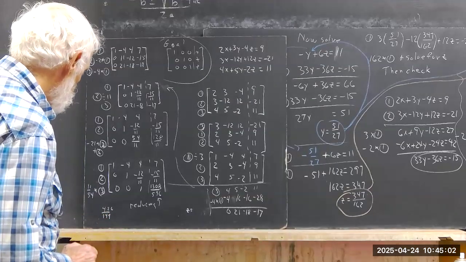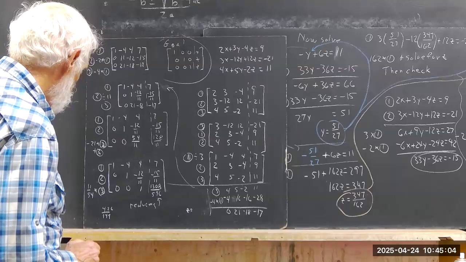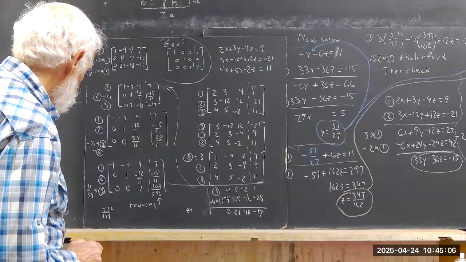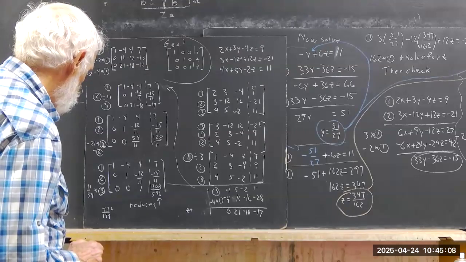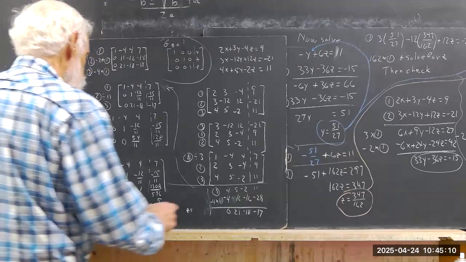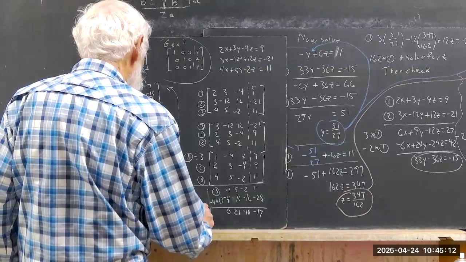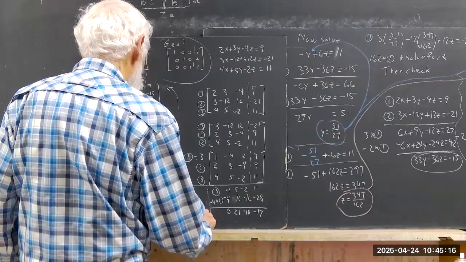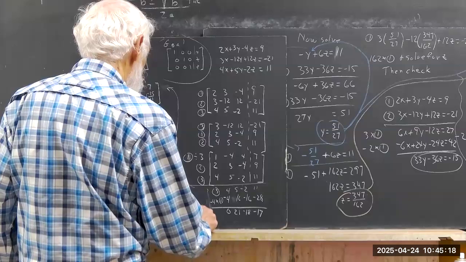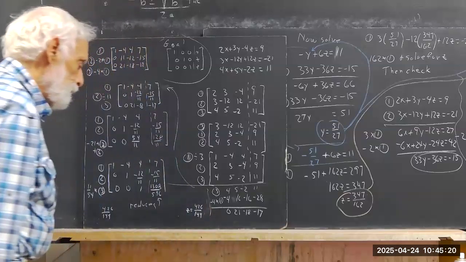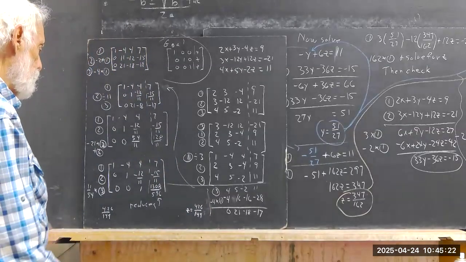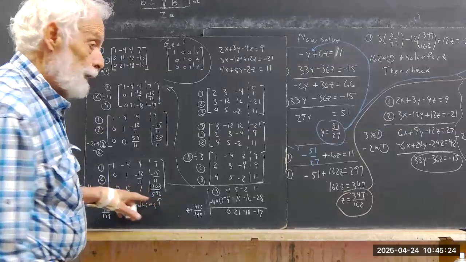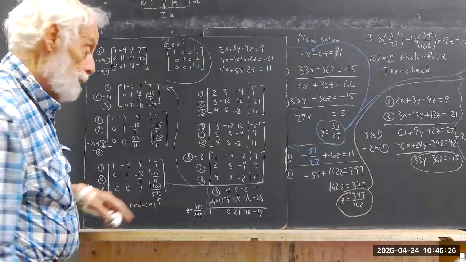Then 149 is probably prime. So z equals 426 over 149. That's from our last equation, right?